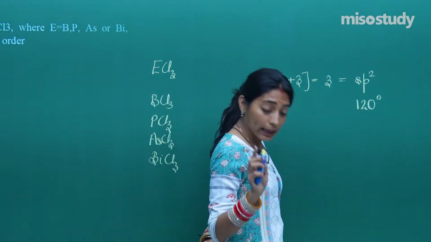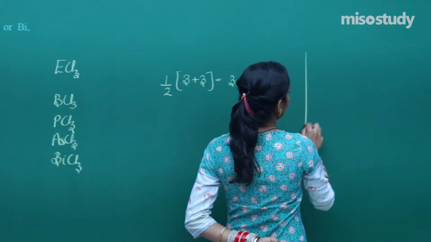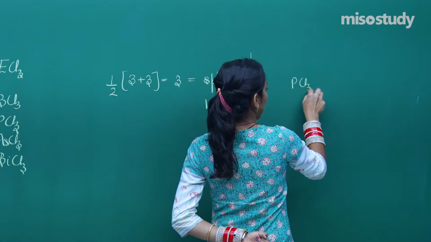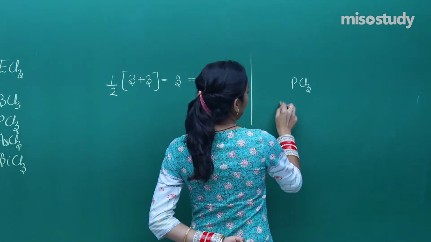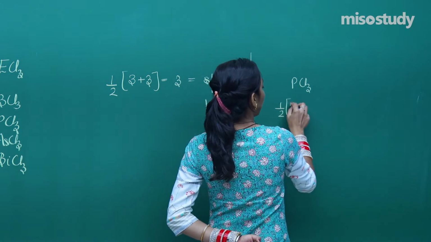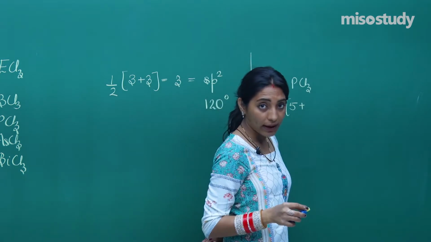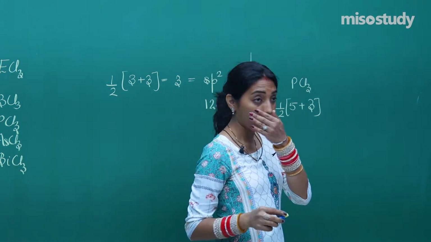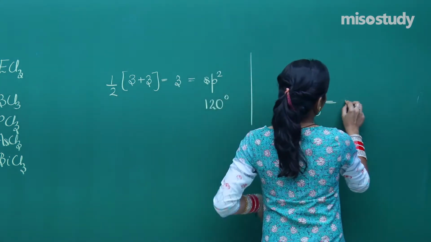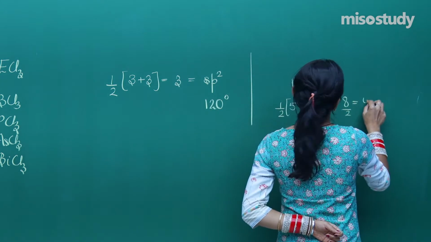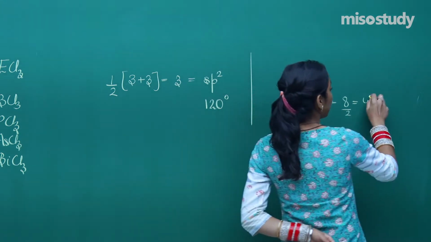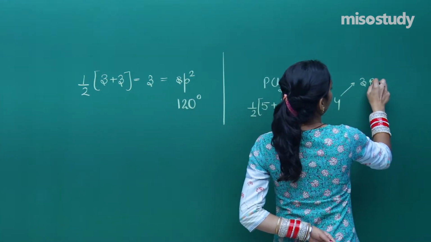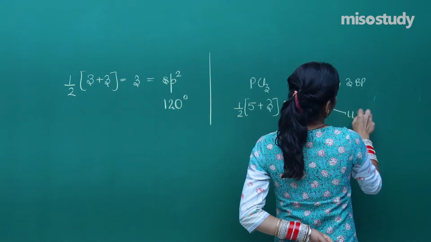Fine? If however I talk about PCl3 and do the calculation, I will write half the number of valence electrons of the central atom, that is 5, plus the number of atoms attached by single bond, that is 3. So making it a total of 8 divided by 2, which is 4. But out of 4, 3 are bond pairs and 1 is a lone pair.